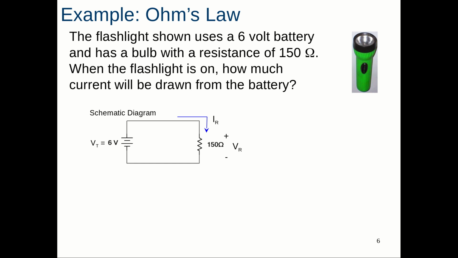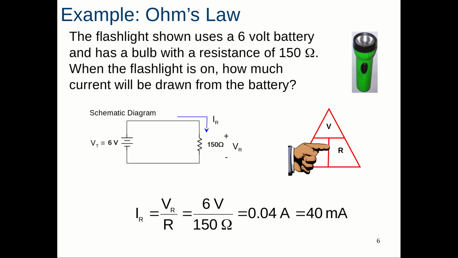As we remember from the equation, we just cover the current and then we have V over R, 6 over 150, which is 0.04. As you remember from the last picture of the last lecture, there are quantities and units. So this can be converted to milliamperes, 40 milliamperes.